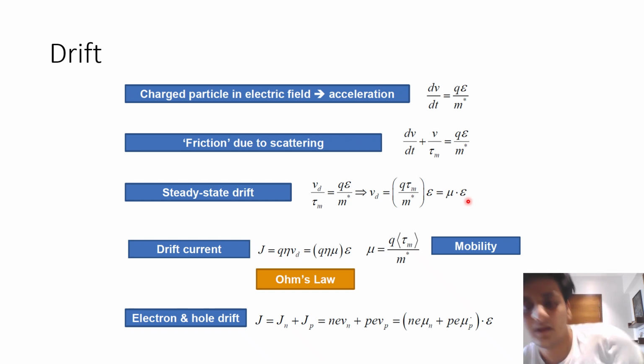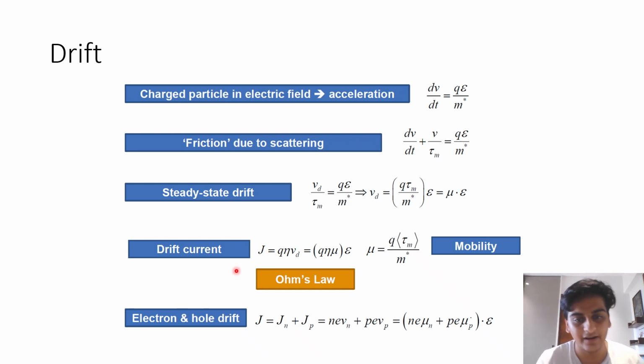Now finally, a direct consequence of Ohm's law is that you have the current per unit area as directly related to the drift velocity. You can look at how this expression comes in any class 12 physics textbook when you talk about current, but even intuitively the current is going to be proportional to the average drift velocity, or the speed at which the electrons are drifting.